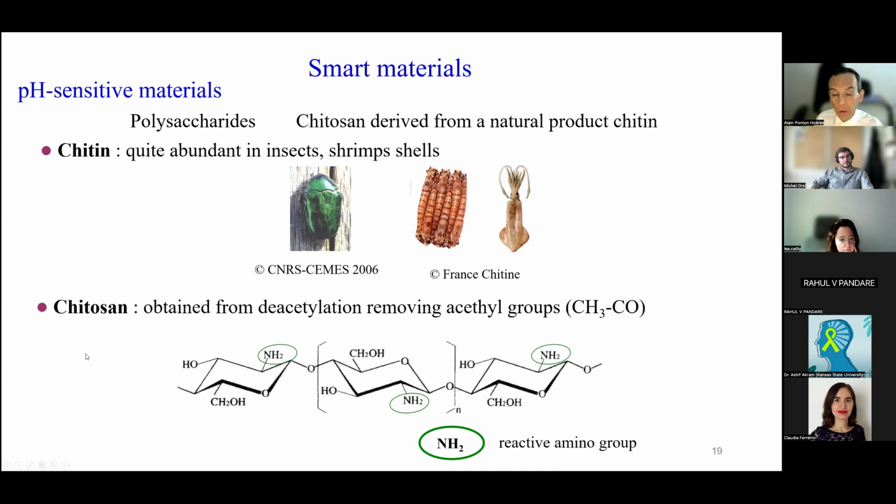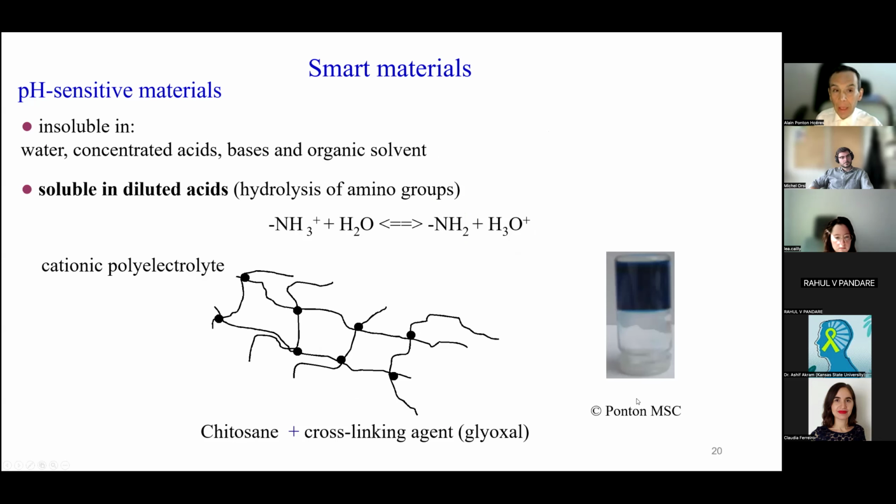So chitosan is a positively charged polyelectrolyte. And you can form a gel, an irreversible gel. And you can see here this chitosan solution, colored with a dye for visualization, but normally chitosan gel, hydrogel, is transparent.